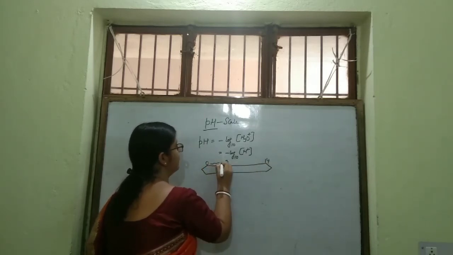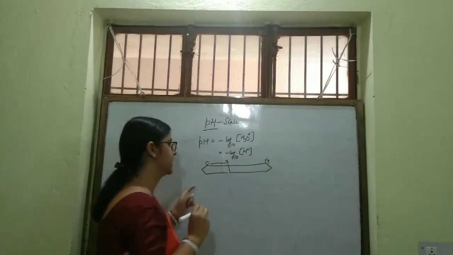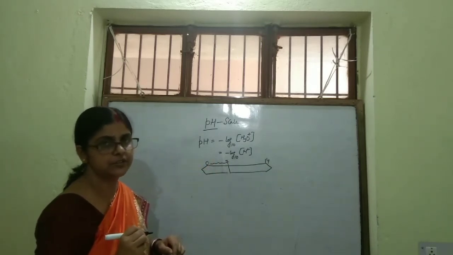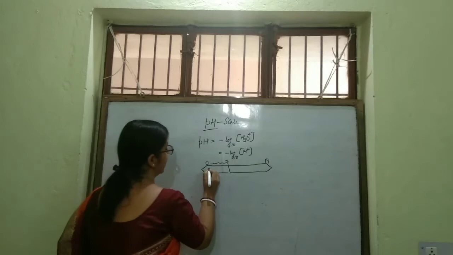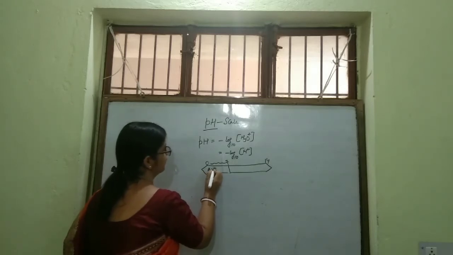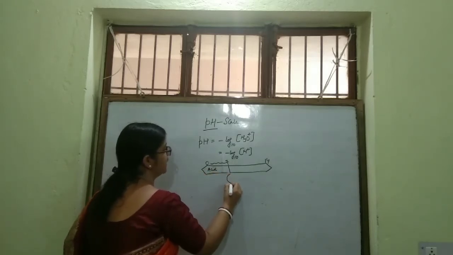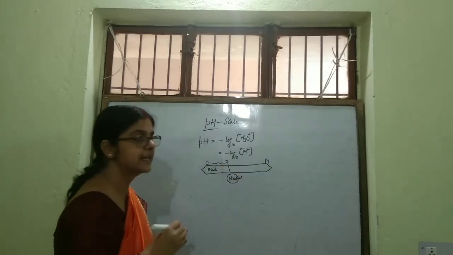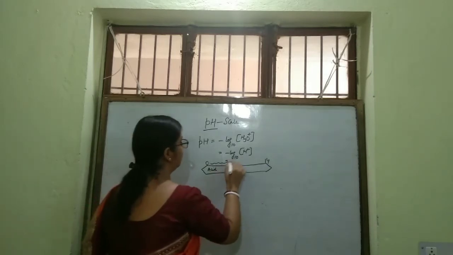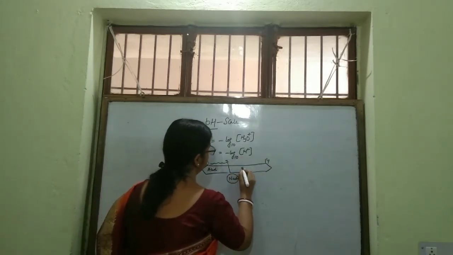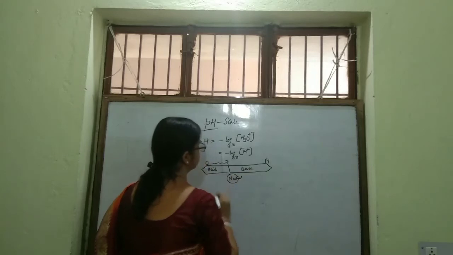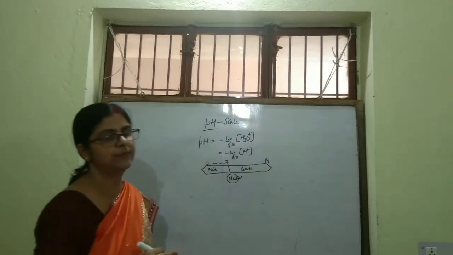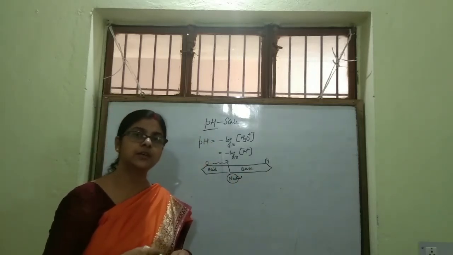If the value of pH is 0 to 7, students, then it is acid. If it is 7, then it is neutral. For a neutral solution, the pH value will be 7. And above 7 to 14, the solution will be basic. For a base, the value of pH is more than 7.